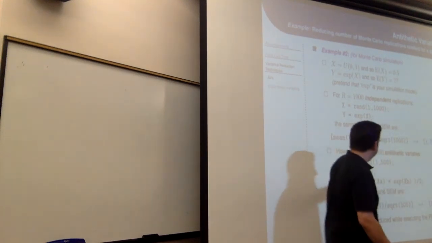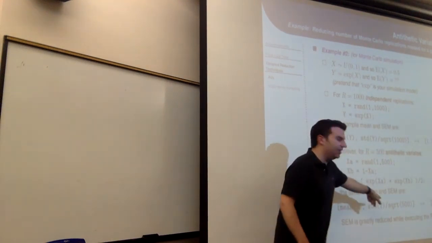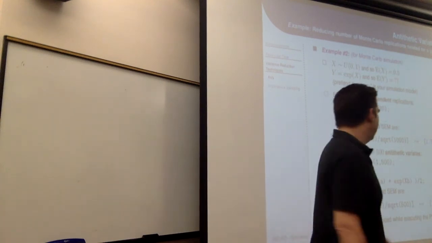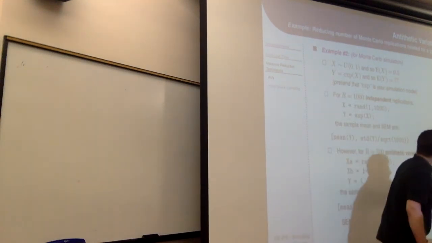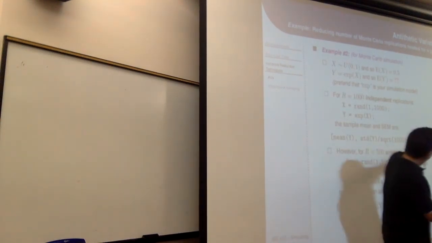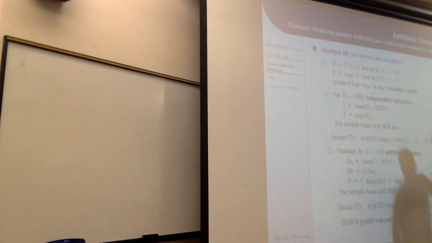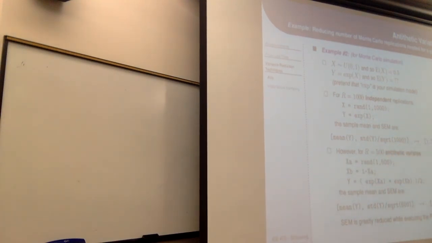I can take the mean and standard error, or confidence intervals if you want, and I see that the mean gets much closer to the expected mean, and the standard error again goes down an order of magnitude. So I've actually used 500 random draws instead of 1,000, and yet I have far, far less variance. And that's the trick there.